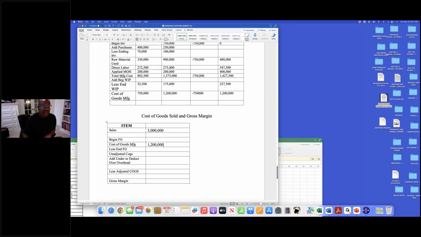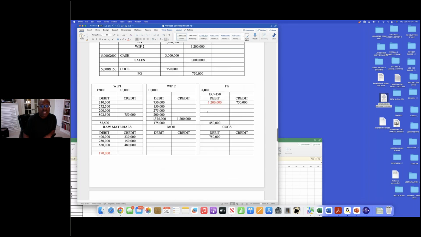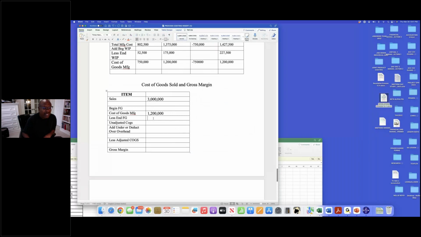What was our ending finished goods? We said our ending finished goods was what? 450, right? And so the unadjusted cost of goods sold is 750. And we don't have an adjustment, so 750.